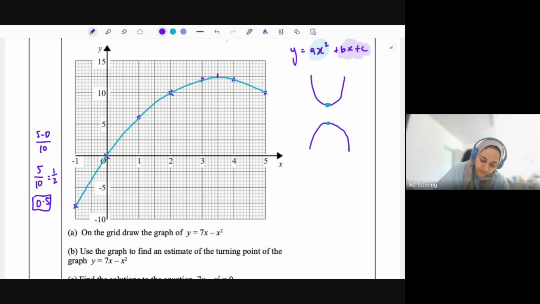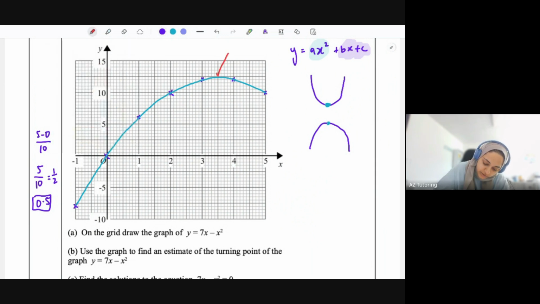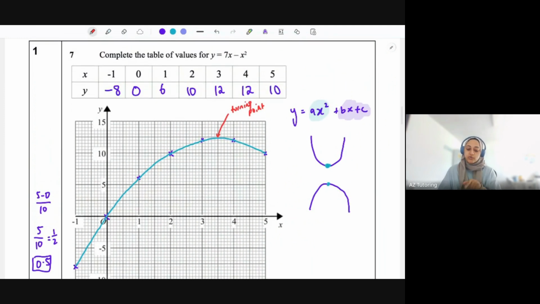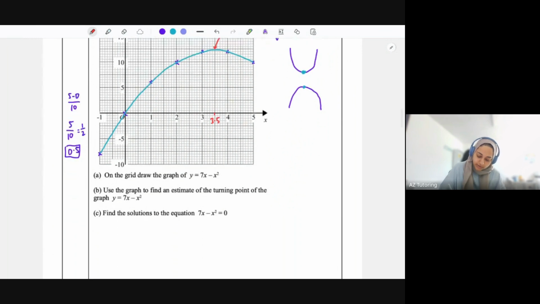So between, I'm going to do it in a red line. You can see the turning point is right there. In between 3 and 4. Since 3 and 4, we've got 3, 12, 4, 12. In between 3 and 4, for the x, that's 3.5. So our x value we can see here is 3.5. So I can put that here.